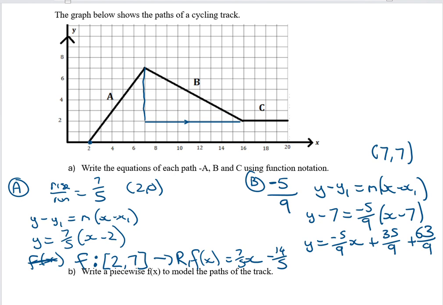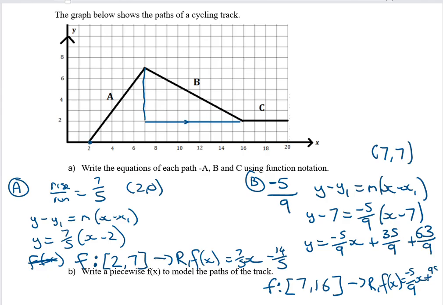Okay, now I can write this in my function notation. So f is described by my domain. My domain is from 7 all the way through to 16, for real numbers. And my function is f of x is equal to negative 5 over 9x. 63 plus 35 is 98.